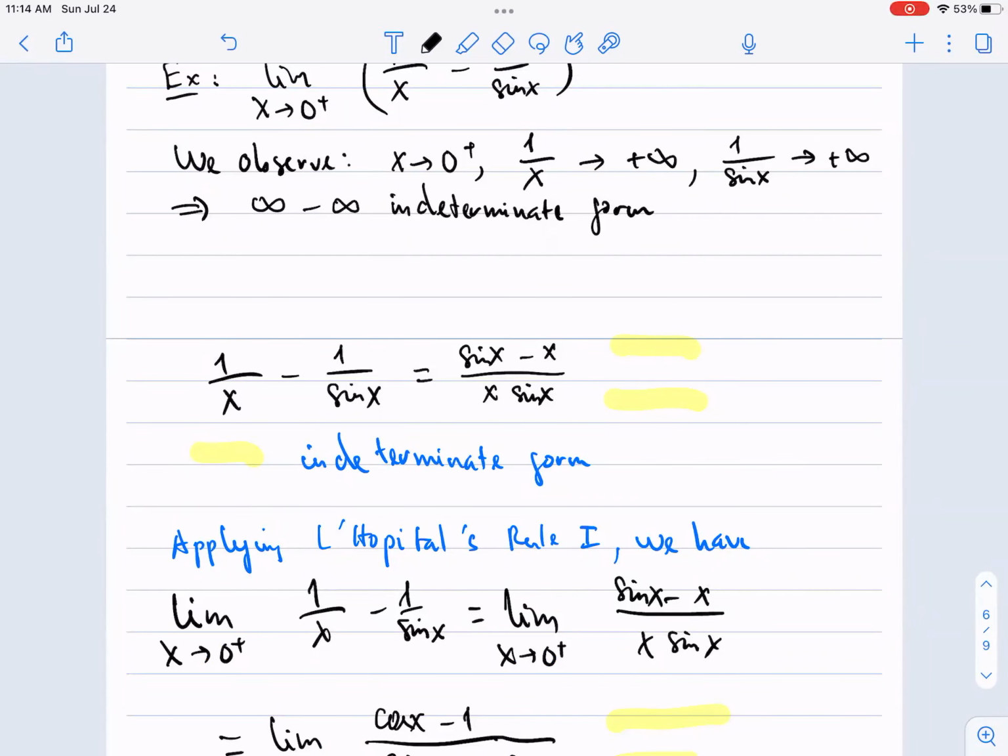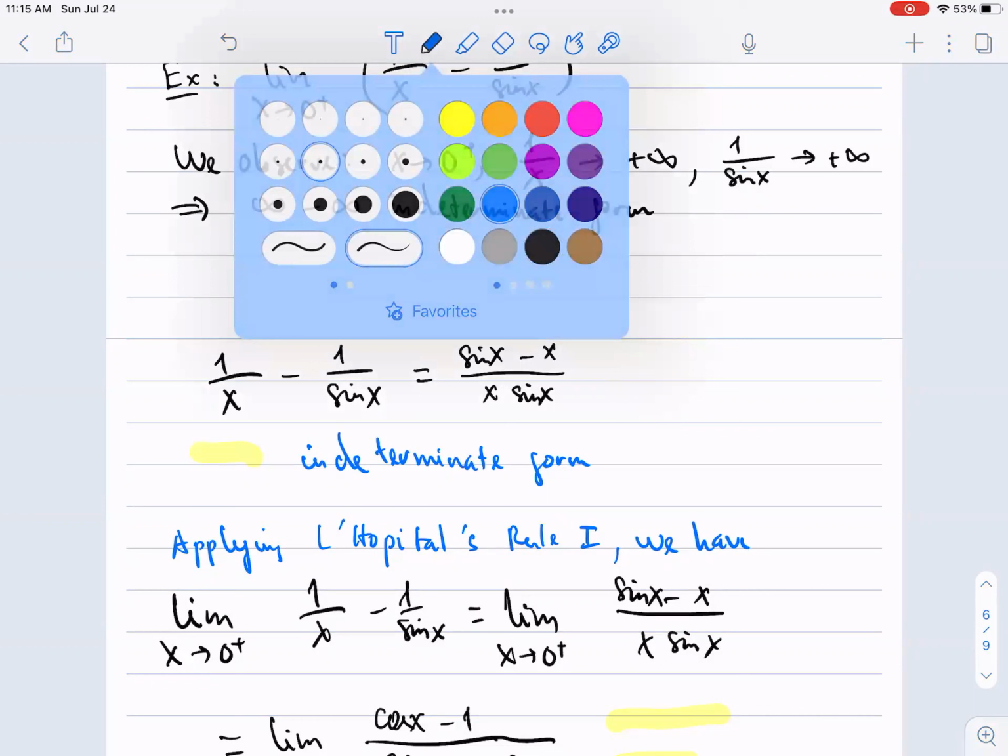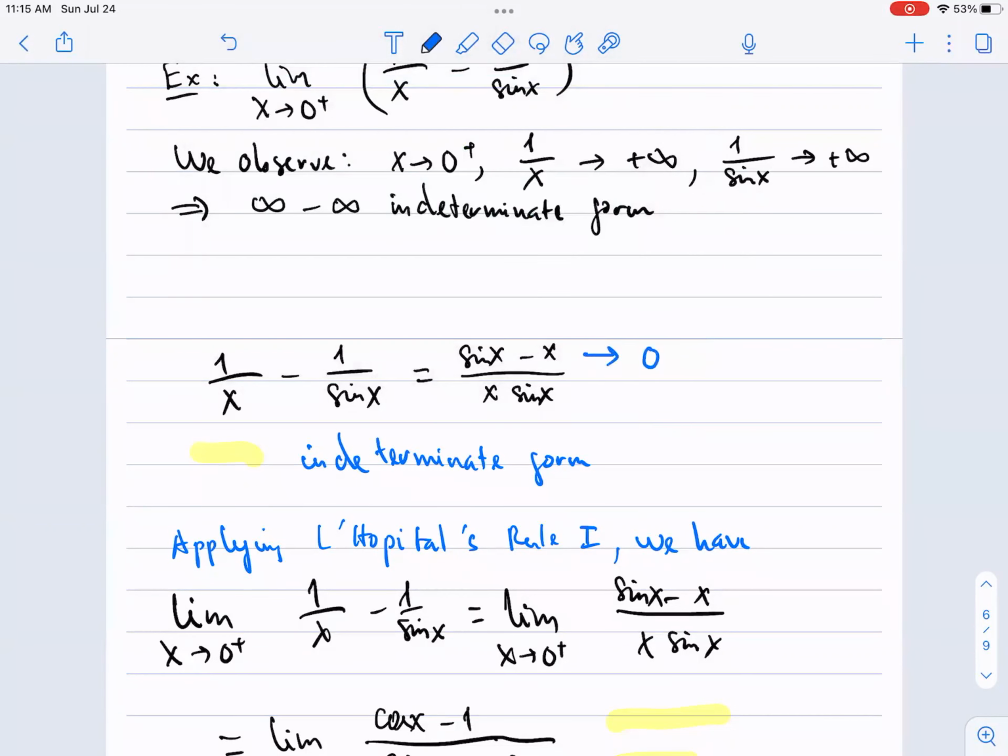Well, first we just rewrite this difference as sin x minus x divided by x times sin x. And then we observe the numerator here approaching 0 when x approaching 0.